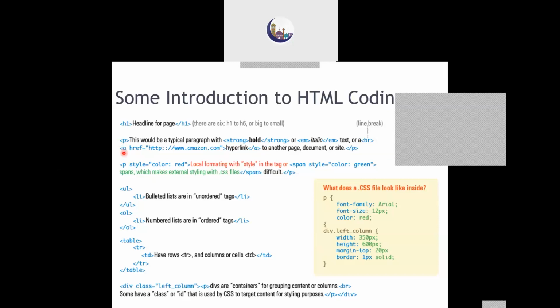So in the opening tag, you will keep the name of the tag, A for anchor, then a space, then the attribute name. Over here, href is the attribute name. And whatever I have kept in double quotes after the equals sign is the value for that attribute.